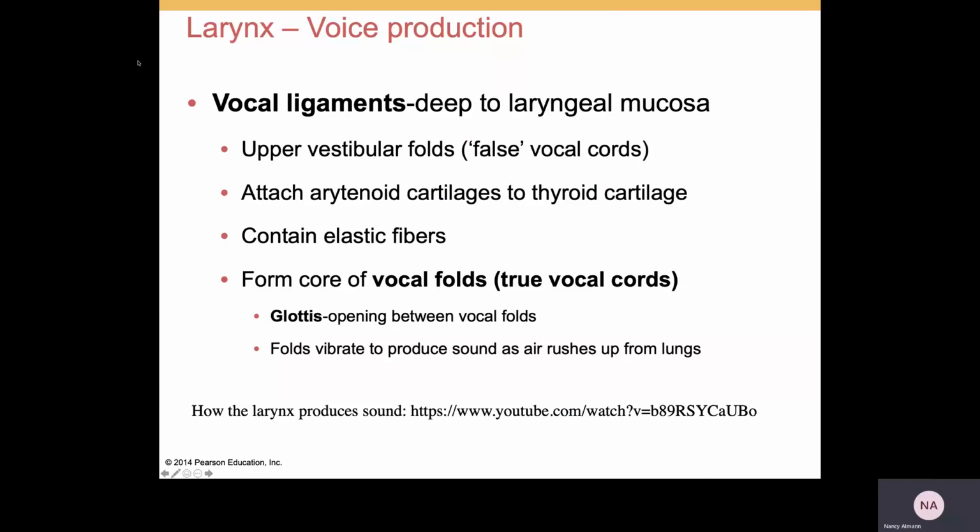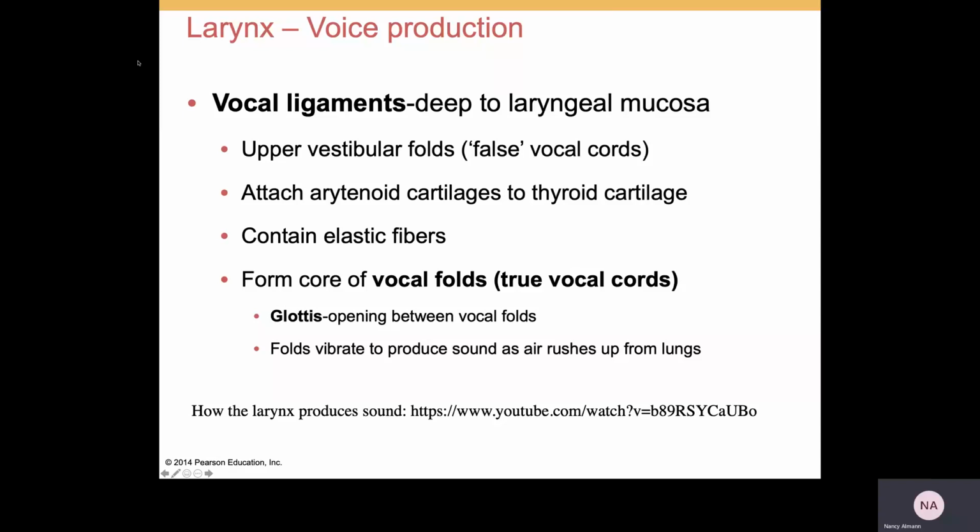Now, let's talk about voice production. The vocal ligaments are going to be deep to that laryngeal mucosa. There are upper vestibular folds, which are the so-called false vocal cords. The vocal ligaments will attach the arytenoid cartilage to the thyroid cartilage.